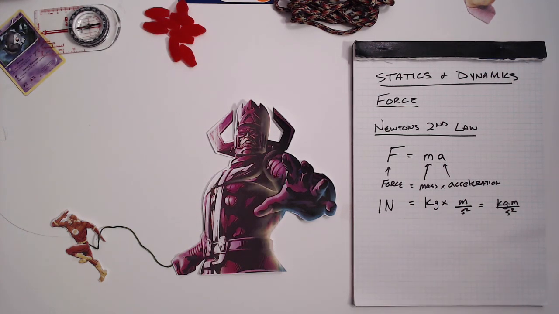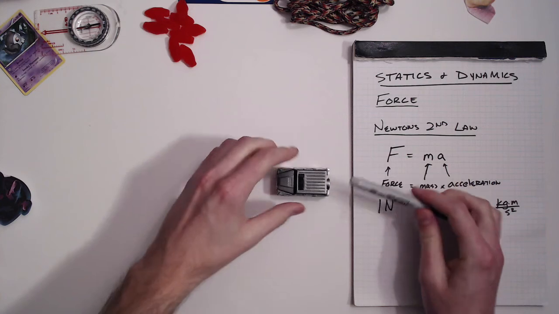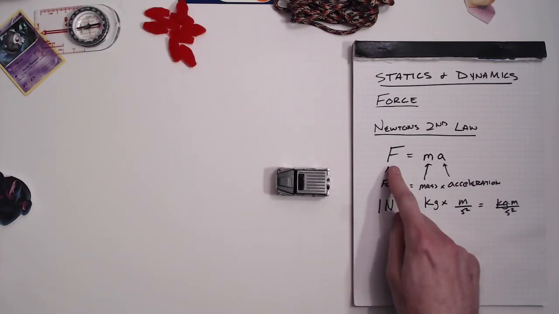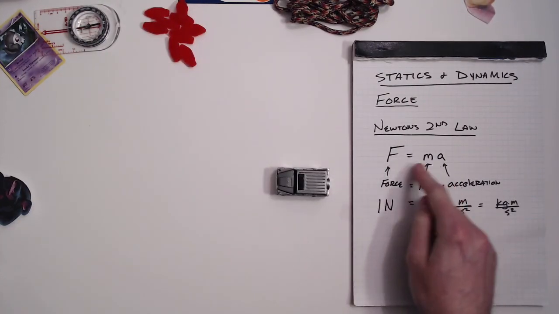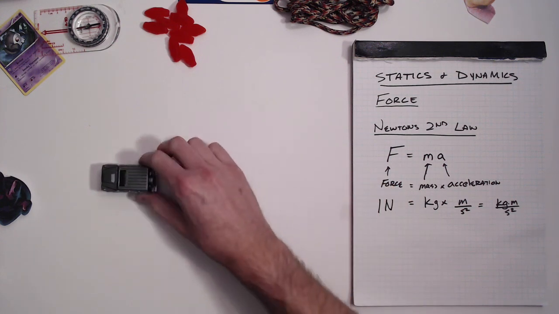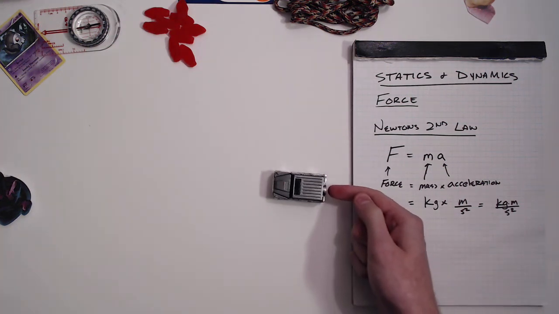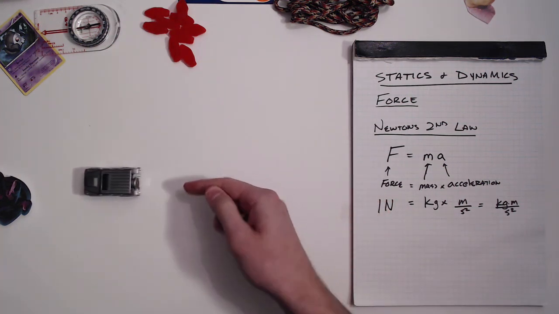If I have a car and I apply a force on this car, or a force on this mass, I'm going to cause it to accelerate, as long as I am pushing or pulling on it. So I apply a force on the mass, it causes it to accelerate.